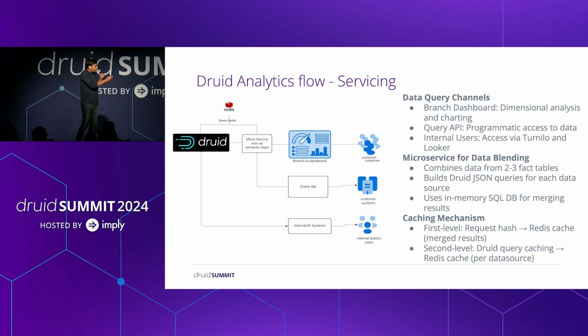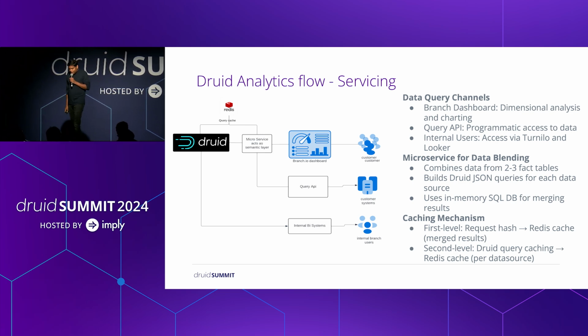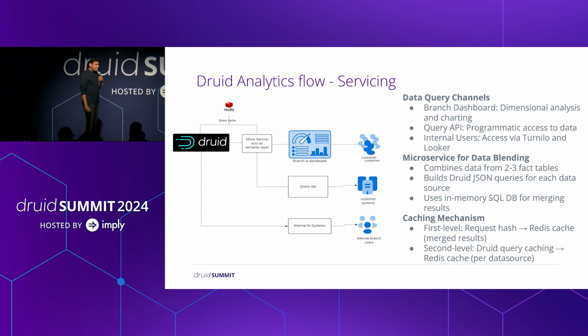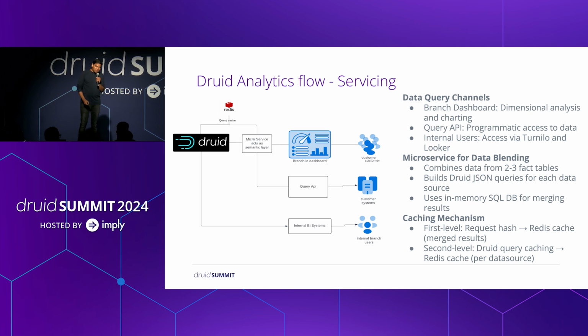Let's see how the flow works. The Branch dashboard connects to a microservice. The microservice submits the Druid native JSON query and pulls the data. The microservice does more: it does data blending. The reason we need data blending is that when the request comes from the dashboard, it has dimensions and measures.